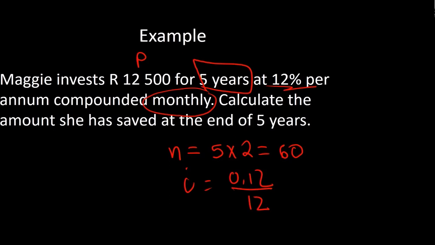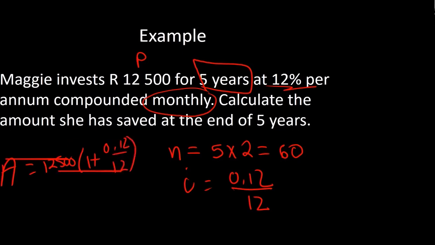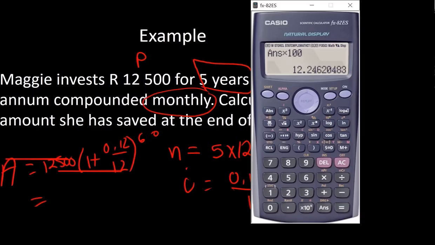Calculate the amount she has saved at the end of 5 years, so we are looking for A. A would be equal to 12,500 into 1 plus i, which is 0.12 divided by 12, and then we're going to raise that to the power of 60. Let's have a look at what that's going to give us.